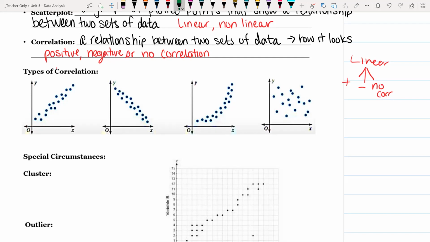Linear, we kind of talked about this before in Unit 4 with functions. Linear is a straight line. So do these dots kind of make a straight line? They do. So they're linear. And now because they're linear and as x goes up, so does y, then they're positive correlation.